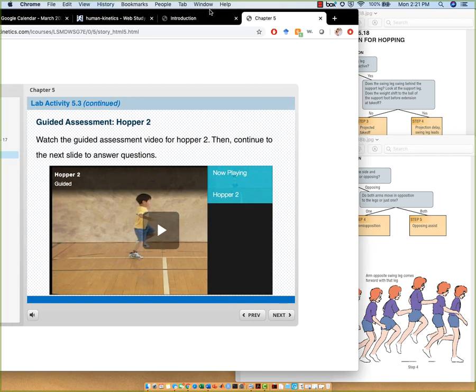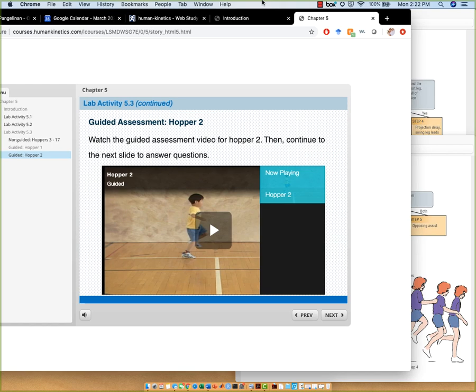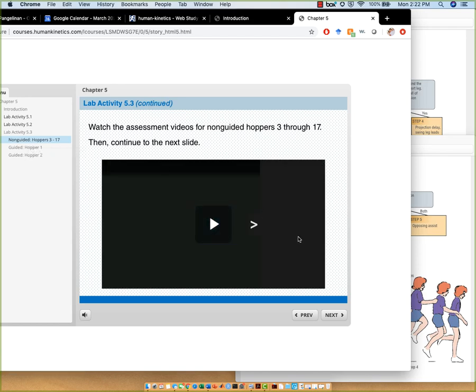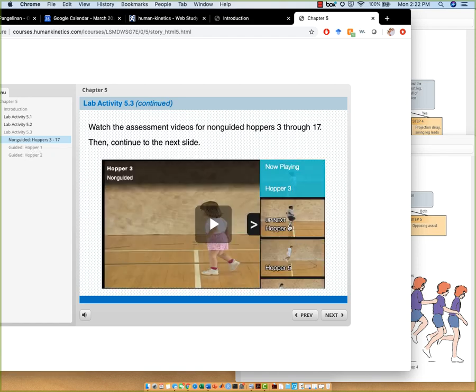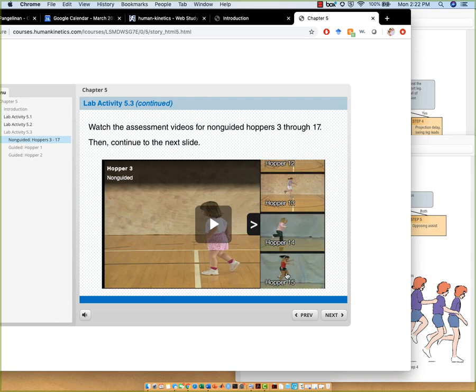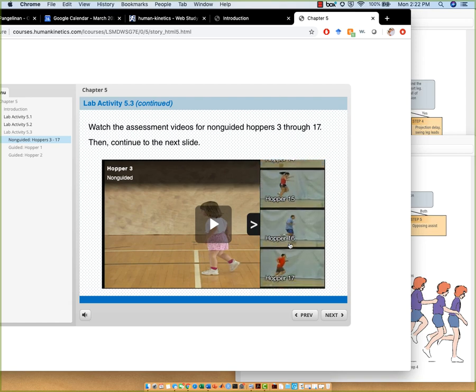When you feel pretty good about doing the guided assessment, then you're going to go to the non-guided hoppers, number 13 through 17. And again, for this assignment, you're going to look at hoppers 3, 4, 15, and 17.